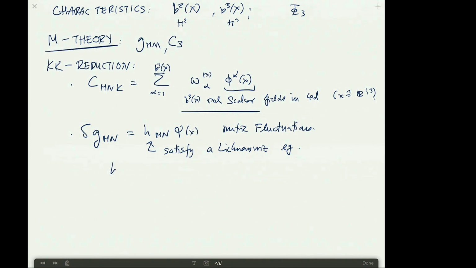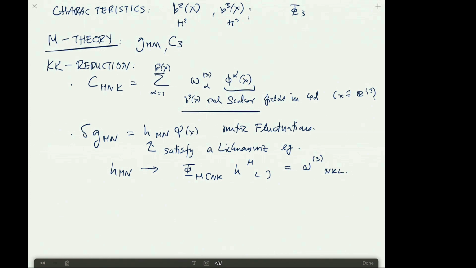So actually these h_MN can be mapped to phi_MKL, which are 3 forms, N, K, L, and one-to-one.